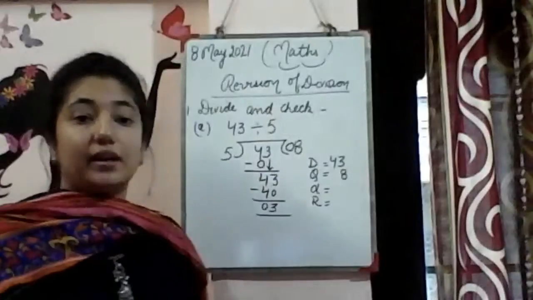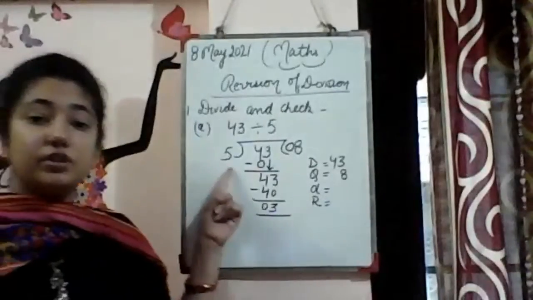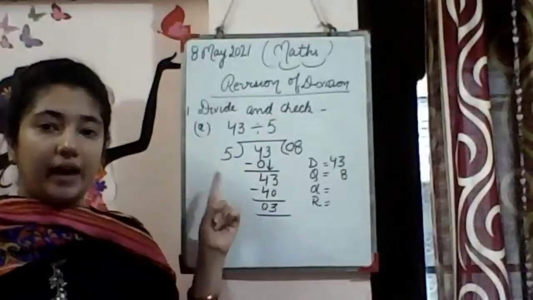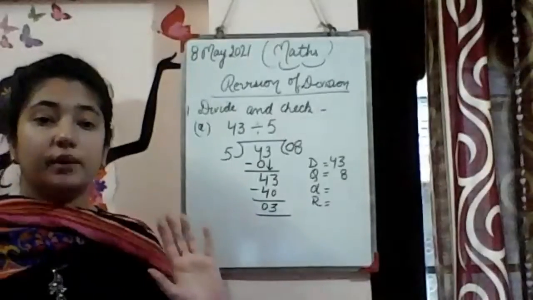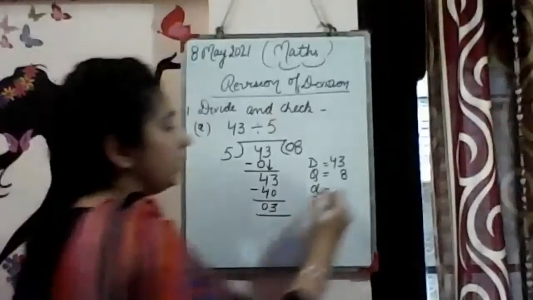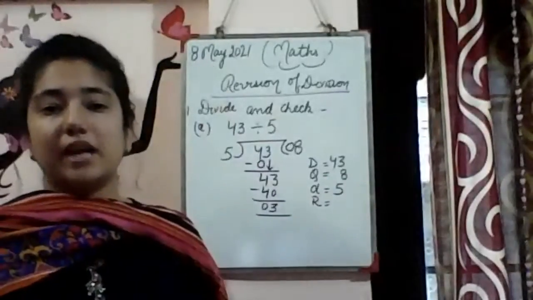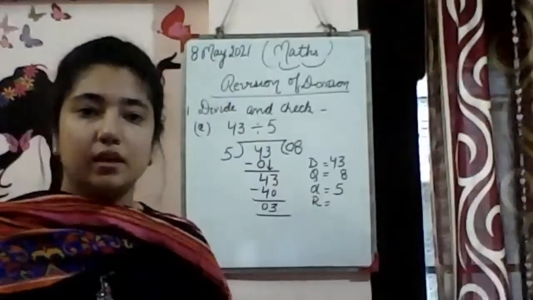Okay. So what is small d? Small d is divisor, the number which divides. That number which divides. Yes, 5, Harleen. Okay, Harleen, bache, now are you doing it in your notebook side by side? You are doing it comfortably, right?